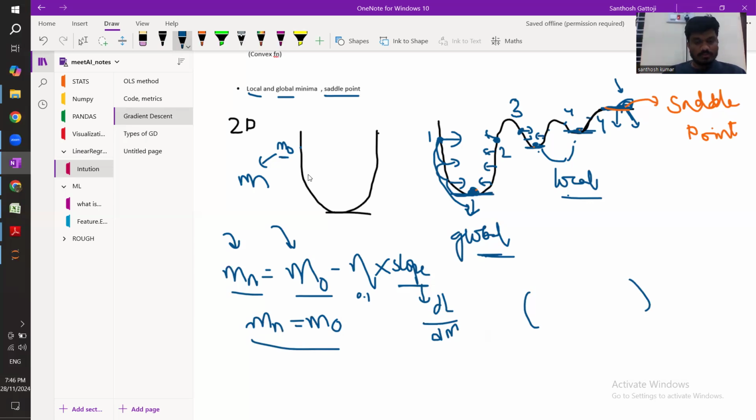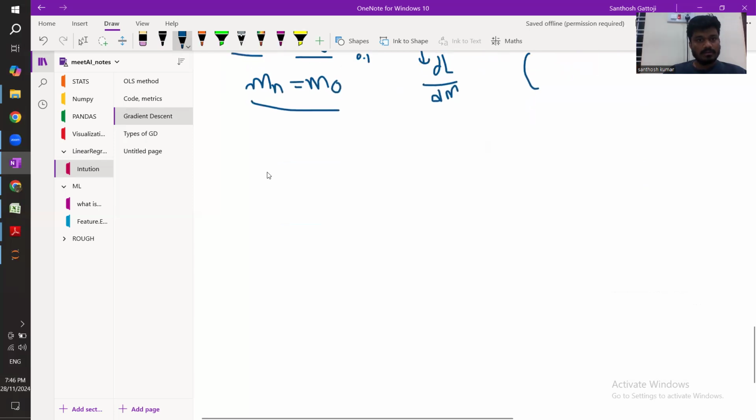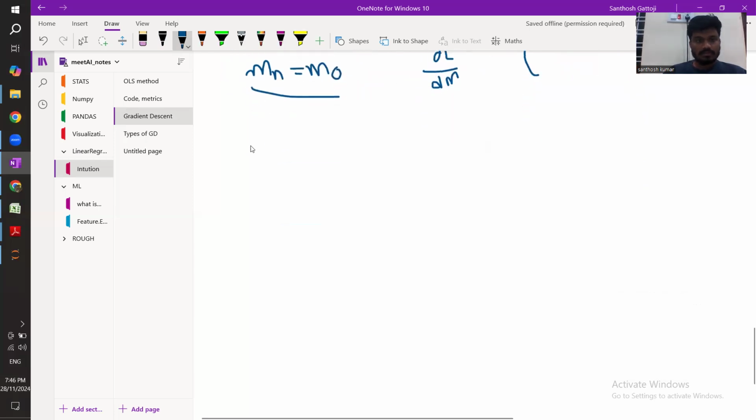For example, I will quickly show you how these derivatives look. You have L, what is my loss? Loss is the summation of (y actual minus y predicted) whole square.